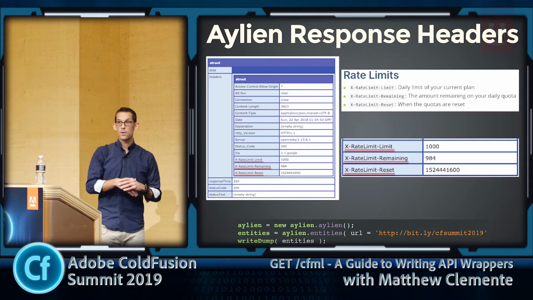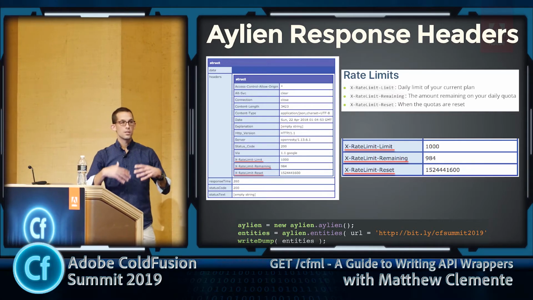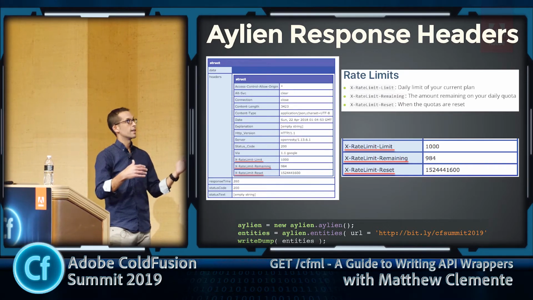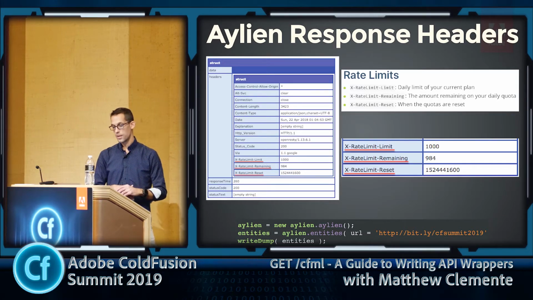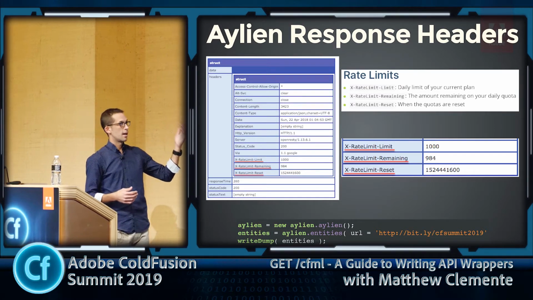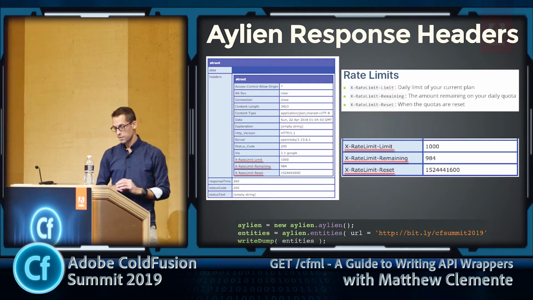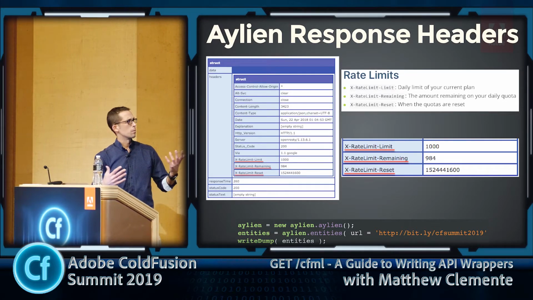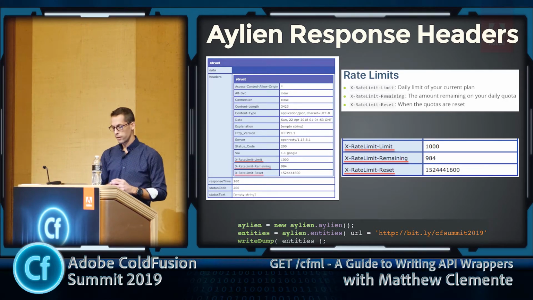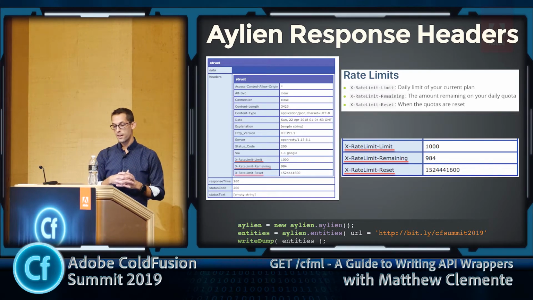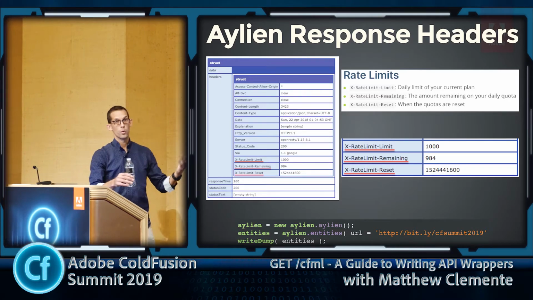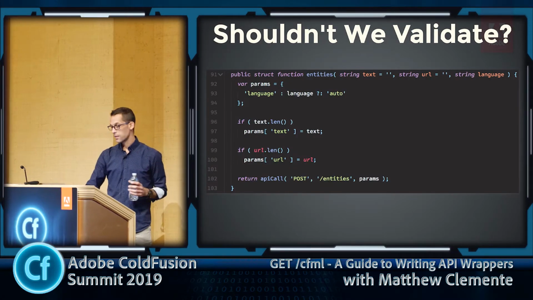As a developer, that's important information for me. Just another reason why you don't want to ignore returning headers when you're writing a wrapper. This can be helpful. Now for me, I'm on the free tier, so I'm never going to hit 1,000 requests. I don't even know what the limit is, whether it's monthly or weekly, but the bottom line here is returning those headers is important when you're working with an API, especially a more advanced API.